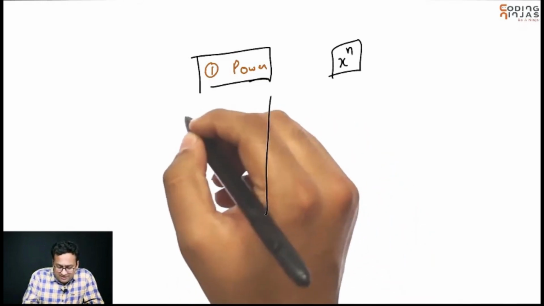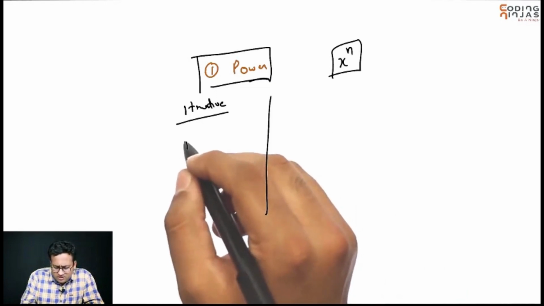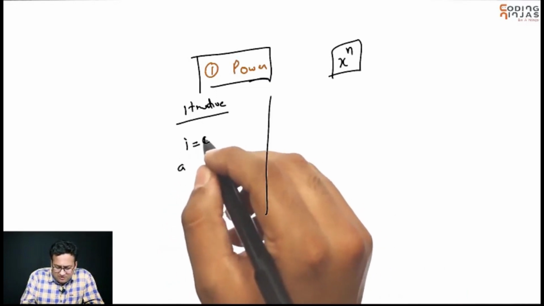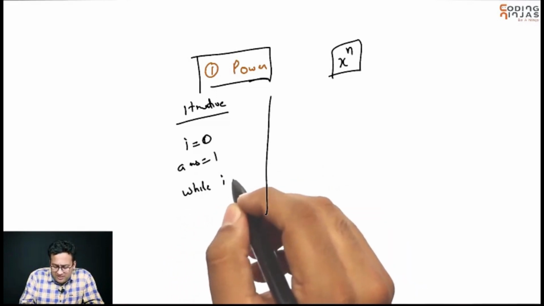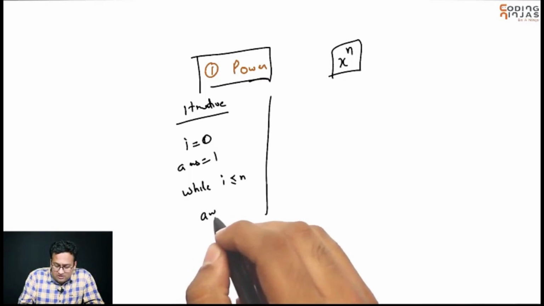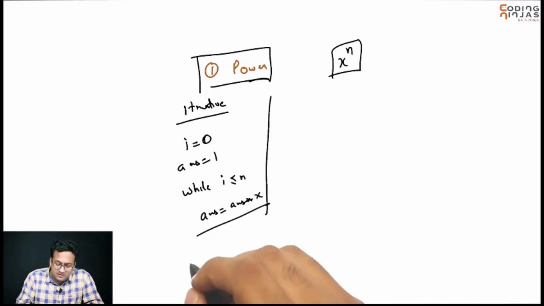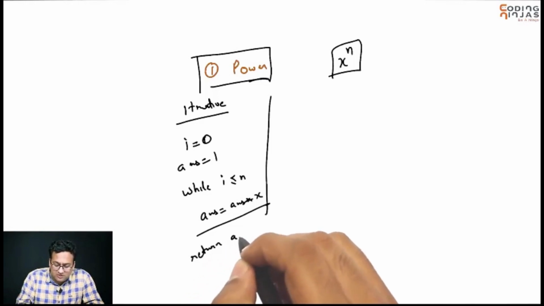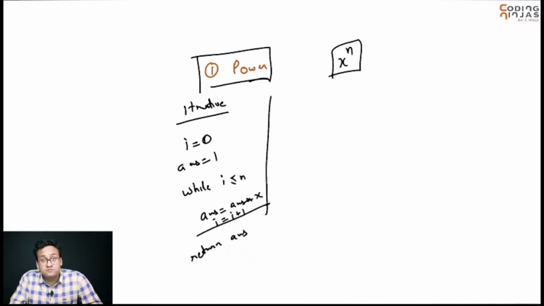One was iterative, in which what we can do is we can take I is equals to 0, answer is equals to 1, while I less than equal to n, I can do answer is equals to answer into x, and then my answer will have the required output, and I have to do I is equals to I plus 1 as well, right? So something like this will work.